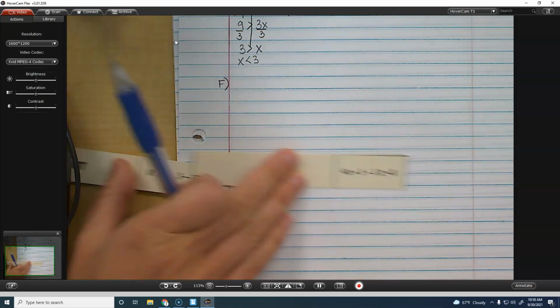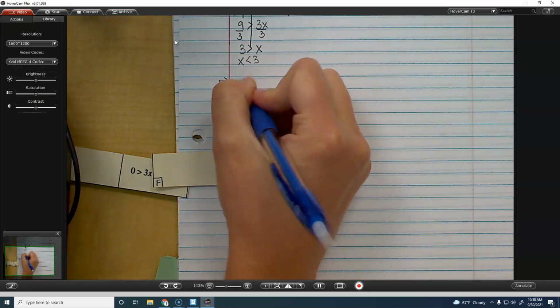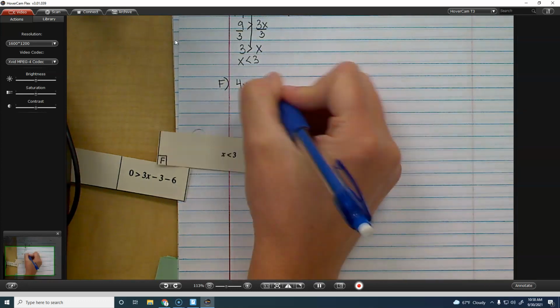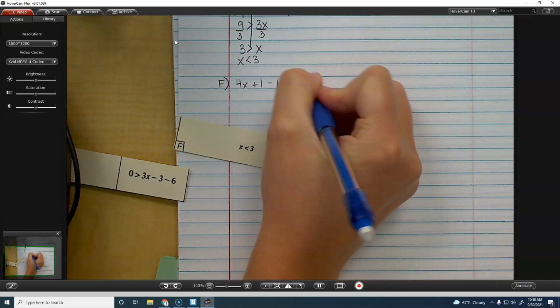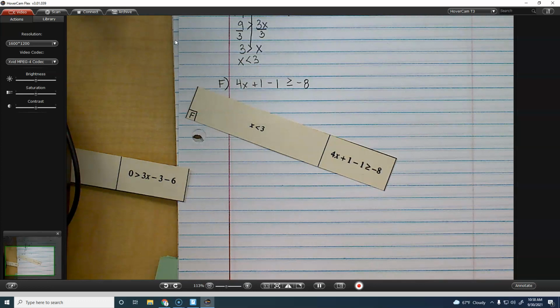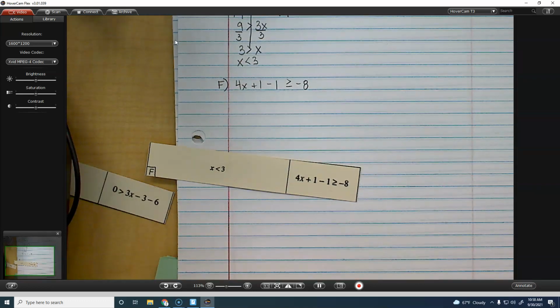So now you'll work out the next question, which is 4x plus 1 minus 1 is greater than or equal to negative 8. Right? So you'll work out this problem. Then, once you find that, you're going to search through all of your dominoes, whichever one is the answer. It comes next.